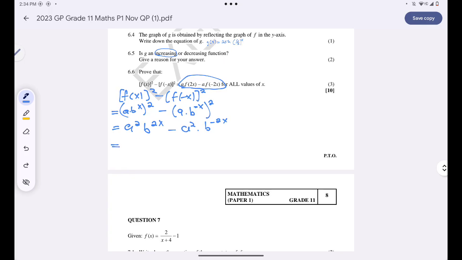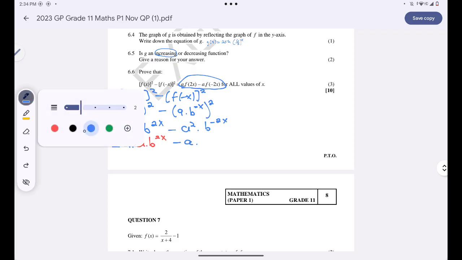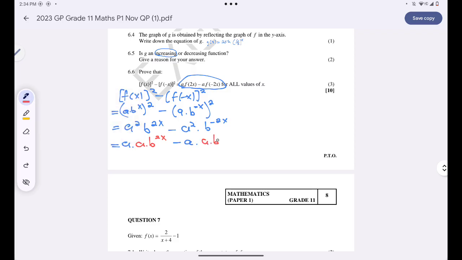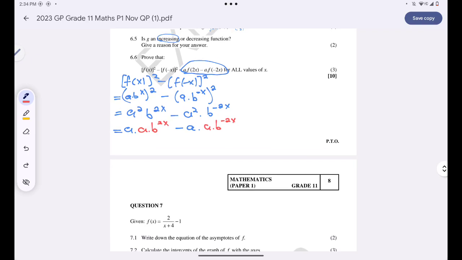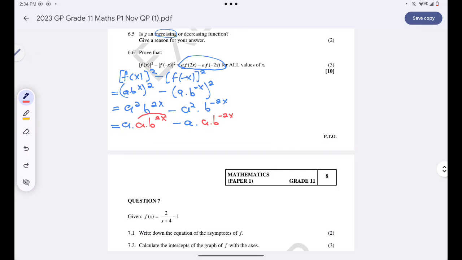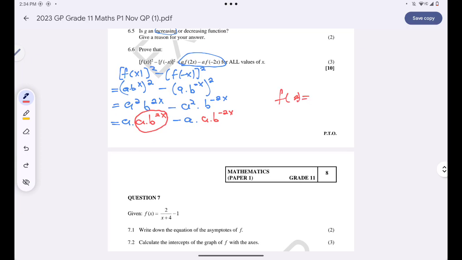Okay, I can write this thing as a multiplied by a times b to the power 2x minus a multiplied by a times b to the power negative 2x. Are you together? For this part over here, guys, I can simply conclude that for f of x, for me to find f of 2x from f of x, I will just say a multiplied by b.